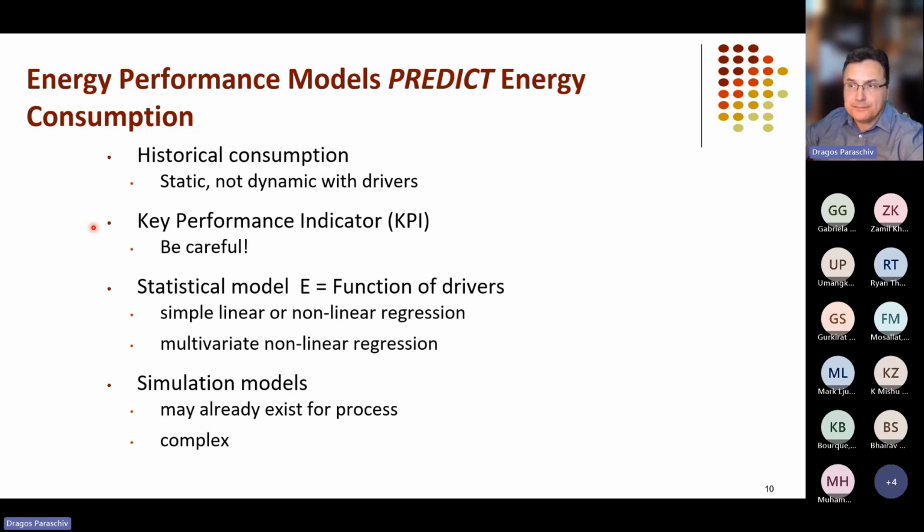For example, for natural gas consumption, we know we have seasonal loads, which are for space heating related to outdoor air temperature, but we also have a base load, which should be, let's say, related to cooking or domestic hot water consumption in the facility. And the key performance indicator may hide this seasonal versus base load type of consumption. So it's important to do the analysis and select these key performance indicators properly.